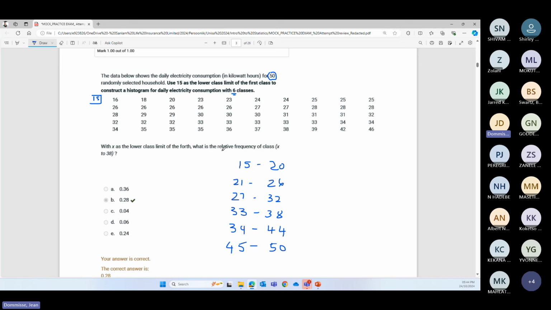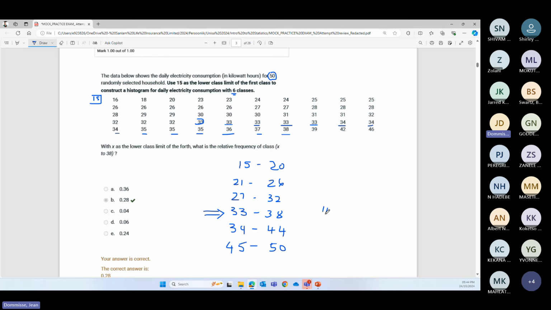So basically what we need to work out is how many numbers are falling in that 33 to 38 class. So where's 53? There's 1, 2, 3, 4, 5, 6, 7, 8, 9, 10, 11, 12, 13, 14.